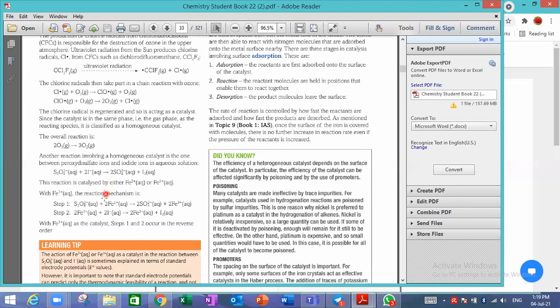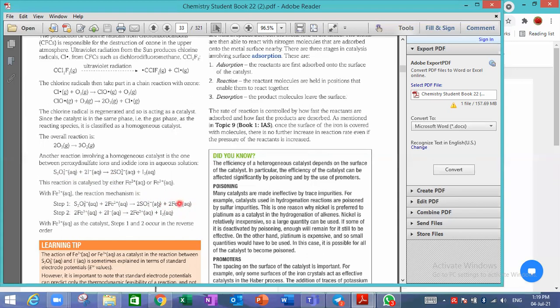But on using a catalyst like the iron plus 2 catalyst, here the iron plus 2 is in a reduced form and the peroxodisulfate is an oxidizing agent. So at the beginning, it's going to oxidize the iron plus 2 to iron plus 3, and itself will be transformed into the sulfate, which is one of the products.